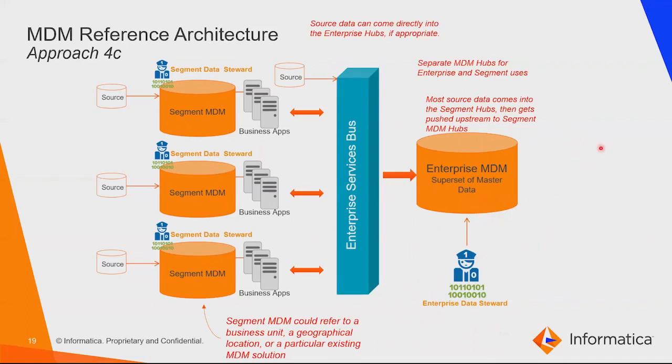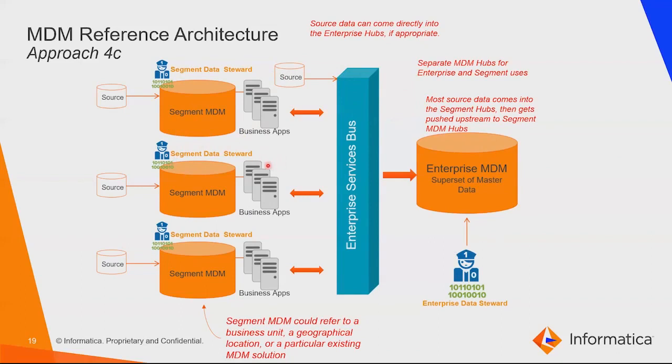There could be many enterprise level applications consuming this enterprise MDM, and there could be some sources that are directly connected to the enterprise MDM which don't have to go through individual segmented MDMs.